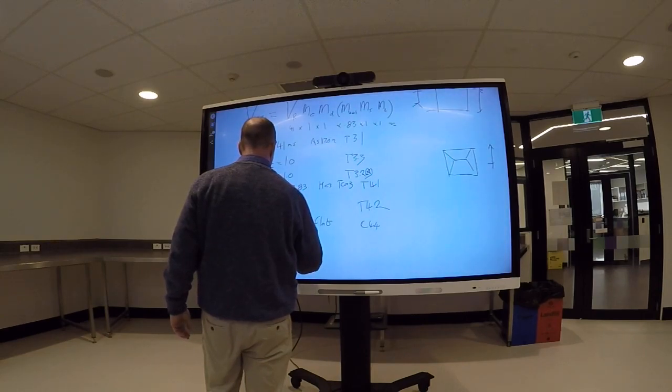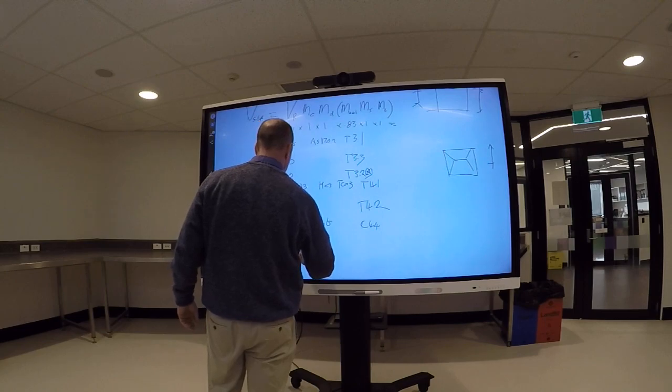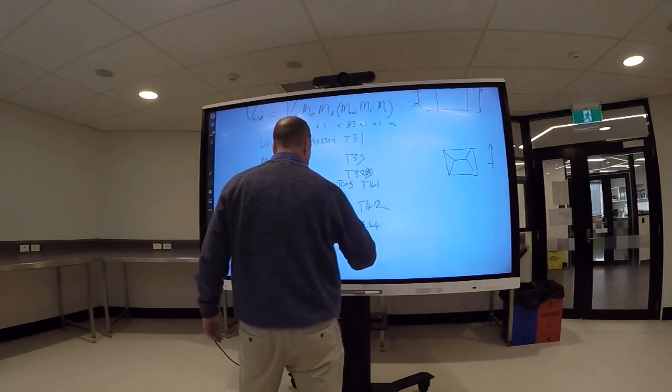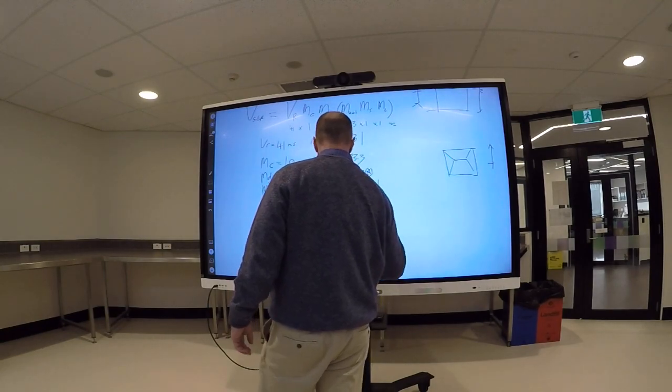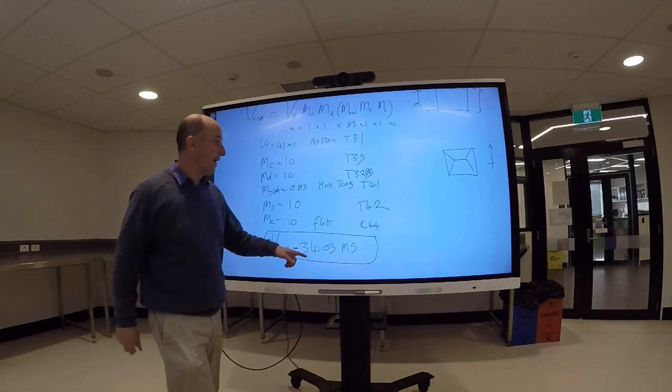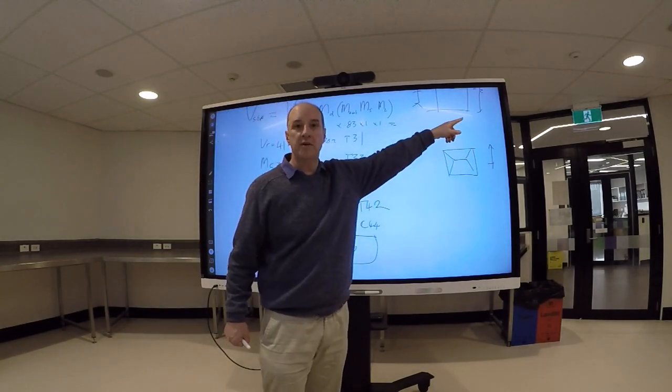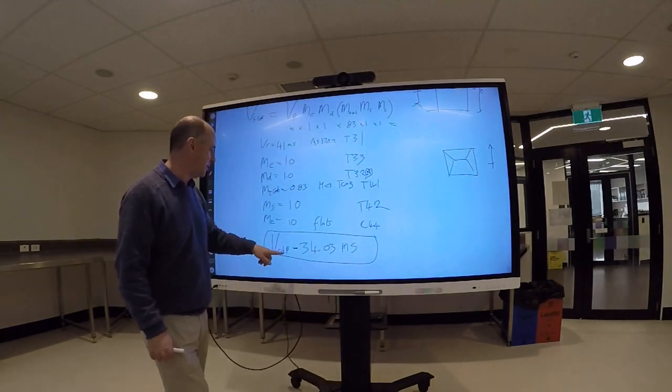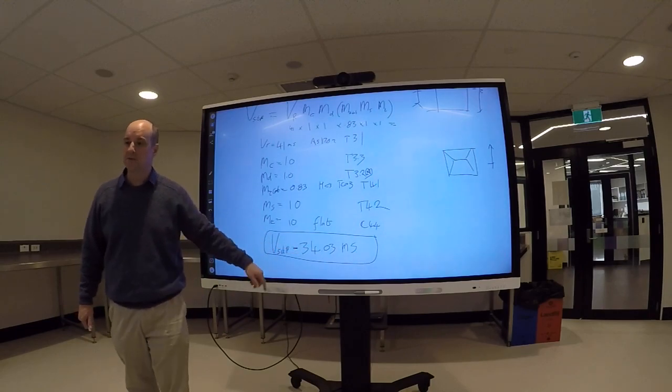That's 34.03 meters per second. For our sign, this sign up here, our design wind speed is 34.03 meters per second.